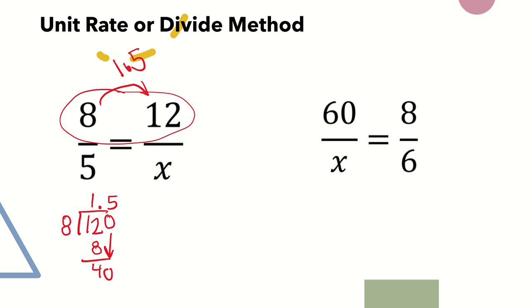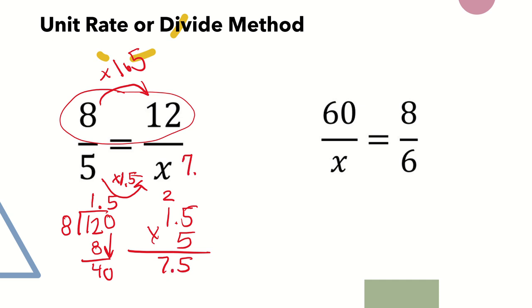Whatever I do to the top, I also have to do to the bottom. So I can go 5 times 1.5. That's 25, that's 5, that's 7, and I'm going to move my decimal one time. So in this case, x is equal to 7.5.